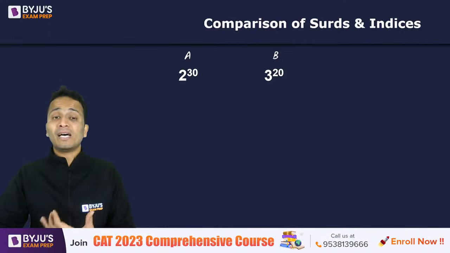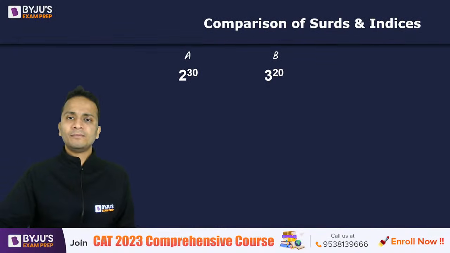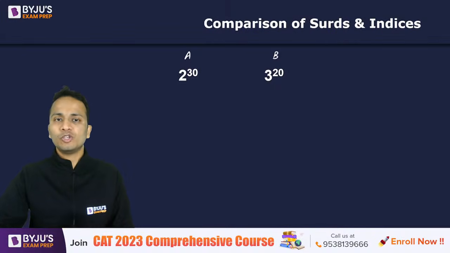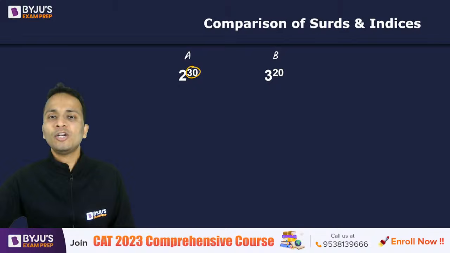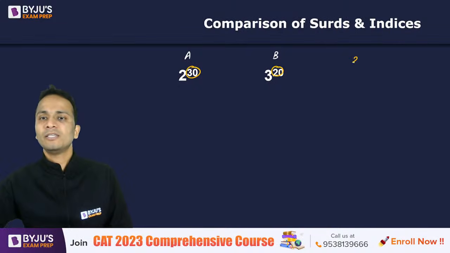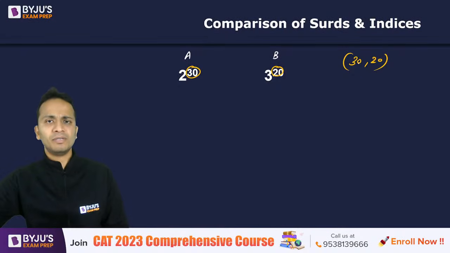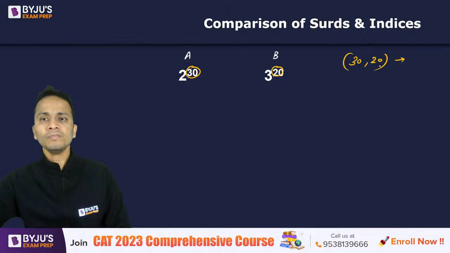We have to find out which of these two is larger. So once again, I'll try to make the powers equal. Now the powers are 30 and 20. What can be the largest number that can be taken common from these two? From 30 and 20, we can take 10 common.